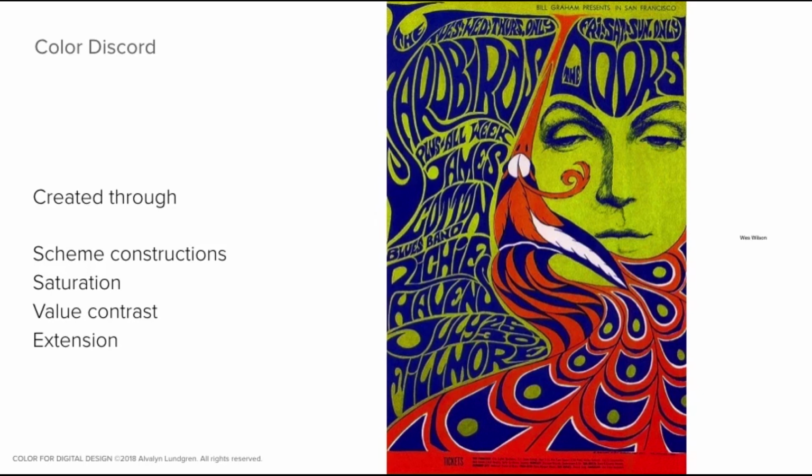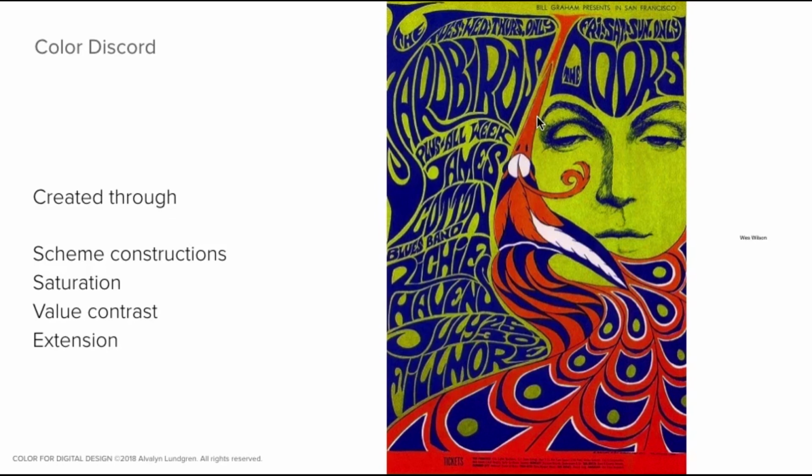So this piece by Wes Wilson uses quite a bit of yellow-green against a very warm red moving into a red-orange. It starts red down here and moves into actually pretty much a straight-up orange. And it's that transition from the red to the orange is very subtle.